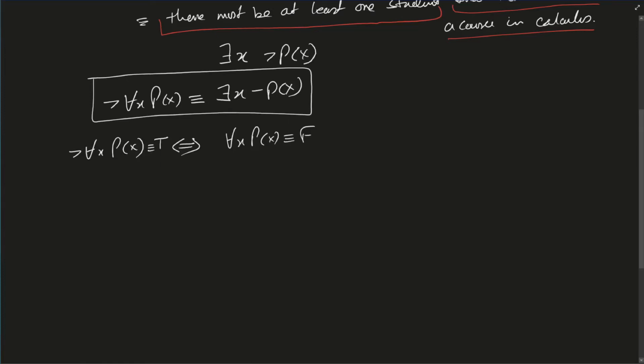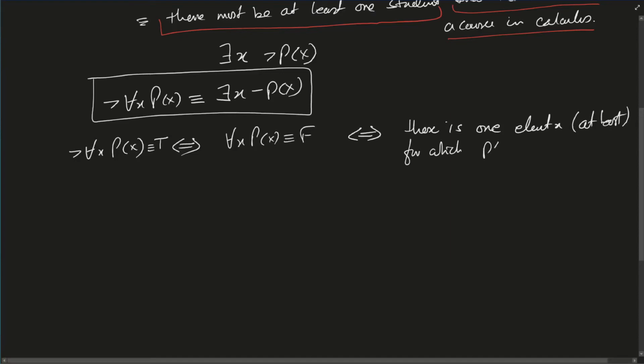If for every x, P of x is false, this means that this is if and only if there is at least one element x for which P of x is false.